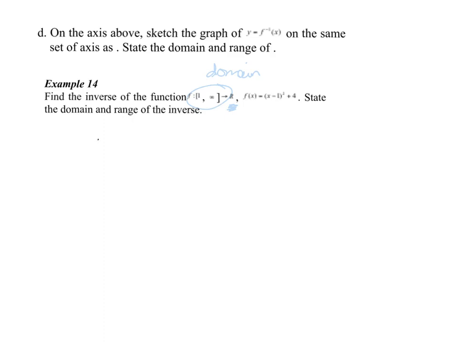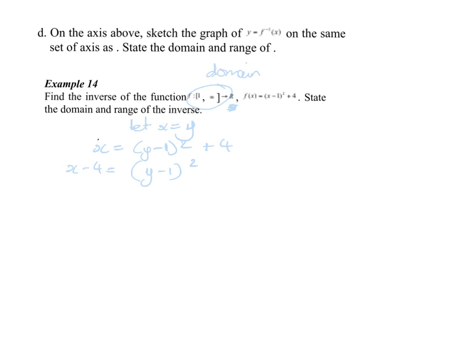So remember, what we need to do is swap x and y. So we've got x is equal to (y minus 1) squared plus 4. So wherever you had x, you're going to put y, and wherever you've got y, you're going to put x. Now we want to make y the subject. So let's bring the 4 across, and we get x minus 4 is equal to (y minus 1) all squared.